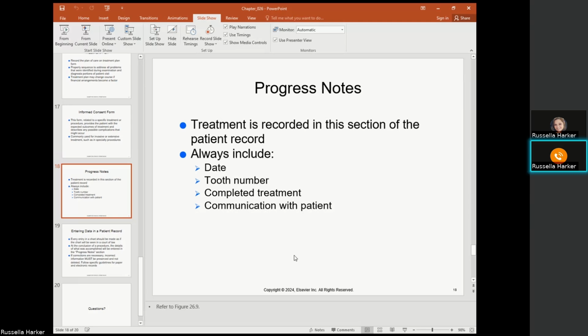You have to be very detailed in the notes in the chart. What kind of communication you had with the patient afterwards, did you go over home care instructions, things like that.